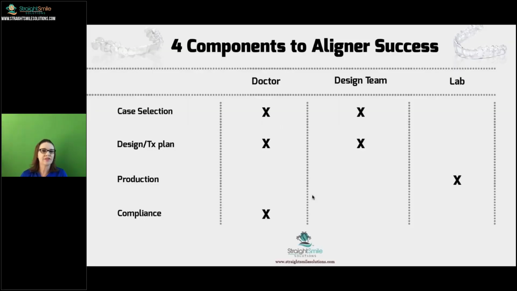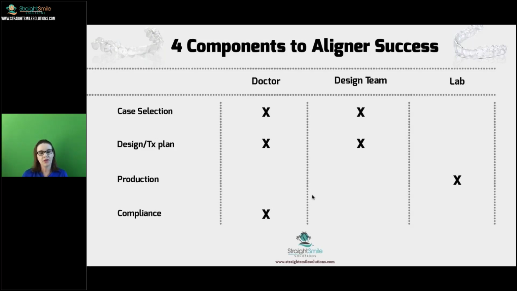Since we're talking about aligners, let's talk about the nitty gritty of how to make your aligners successful. A successful aligner case requires a partnership from all directions. If you're using Invisalign or ClearCorrect, which is kind of turnkey, a lot of the responsibility is on them, but still a lot of it is on you.